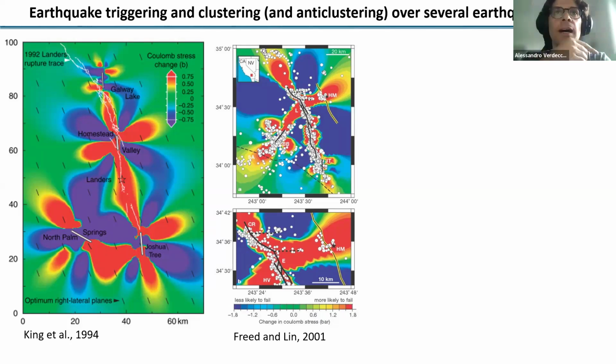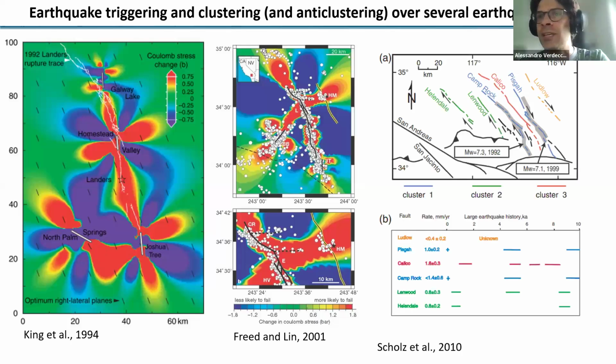I have to go back to the previous calculations to show you this series of events that occurred in the Eastern California shear zone around the Landers earthquake and the Hector Mine earthquake, very short in time, within 40 to 50 years.